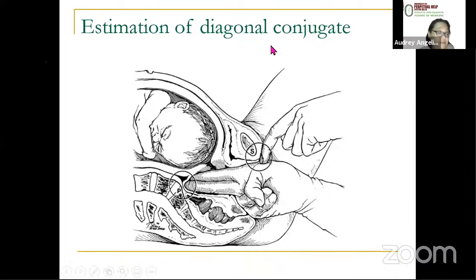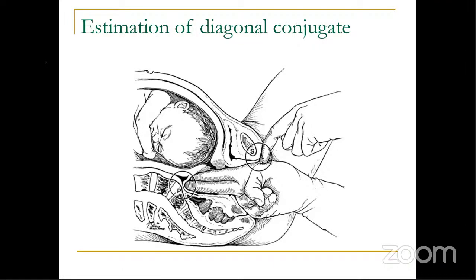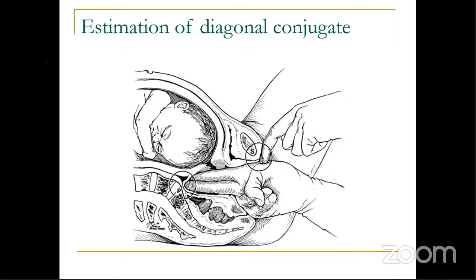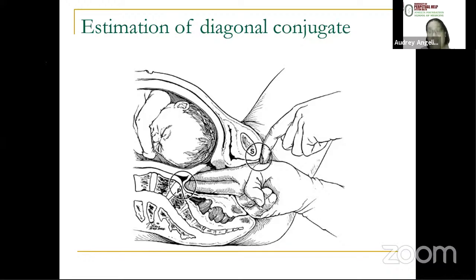It is actually the only anterior posterior measuring distance. Okay, so you measure this from the symphysis pubis to your sacral promontory. If you're able to reach your sacral promontory, what does it mean?